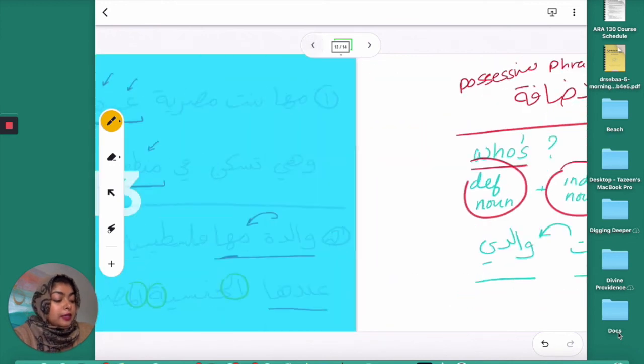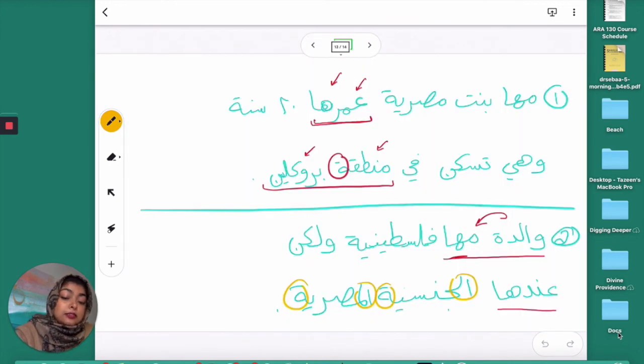You're describing it. So الجنسية المصرية. الجنسية was one of our new words in the last chapter. Nationality. So she has what kind of nationality? Egyptian nationality.